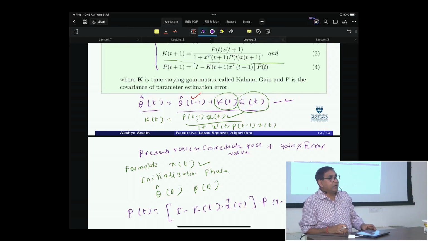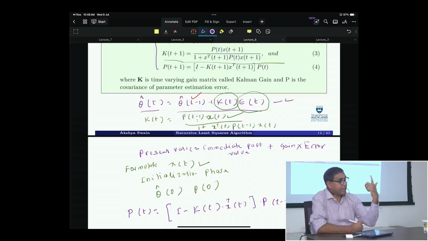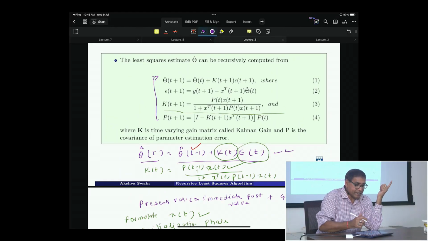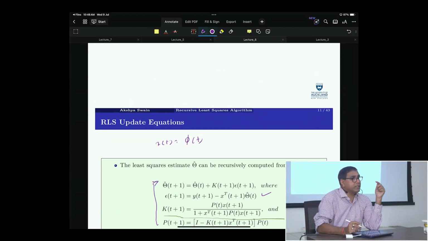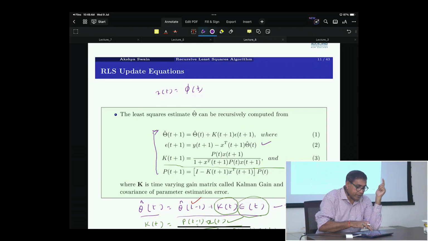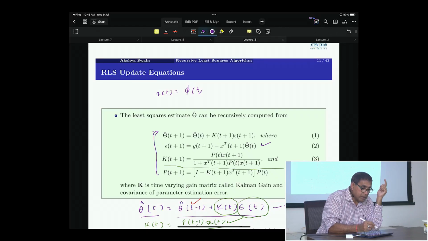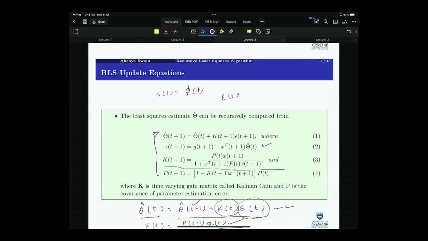Right? So now kt is known, xt is known because you have formulated that. Now you can know pt. Once you know it, then this is straightforward. You get the current value, epsilon t, the error. Epsilon t is equal to yt, because you are getting the value, minus x transpose t into theta cap t minus 1.